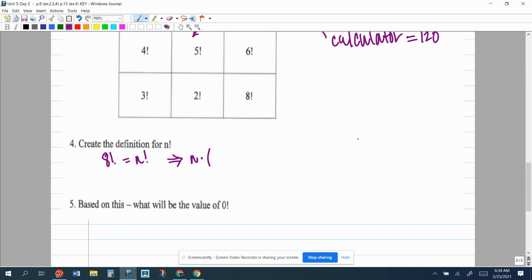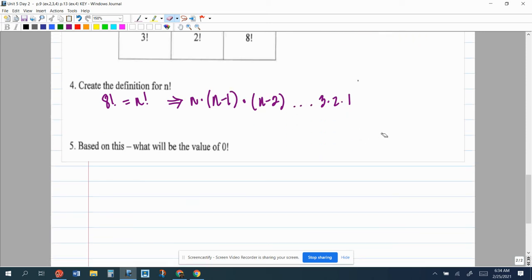Well, the next number below 8, or the next number below n, would be n minus 1, followed by n minus 2. I think you see my pattern here. And then at the very end, I'm eventually going to get to 3, 2, and 1. This is a formal definition of finding n factorial.